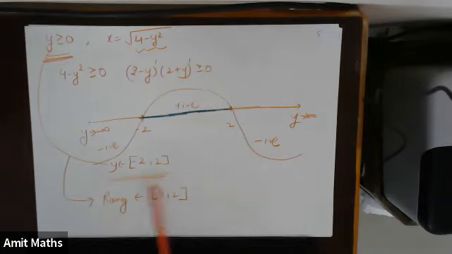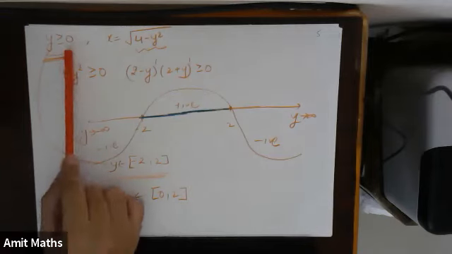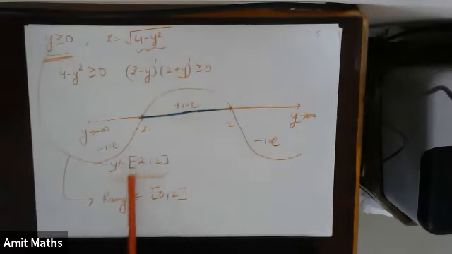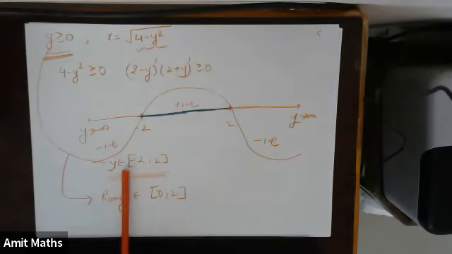Now see, in this -2 to 2, there are some values of y which are negative also. But we have seen that y cannot be negative, because we have already written this condition. So I will remove those negative values of y. What are the negative values of y? From -2 to 0.